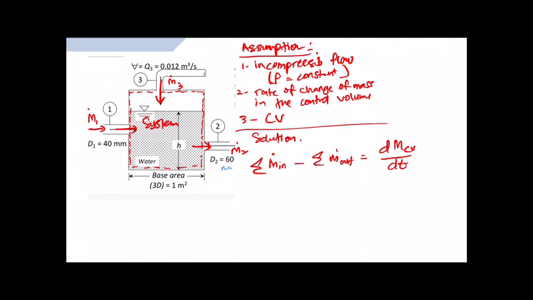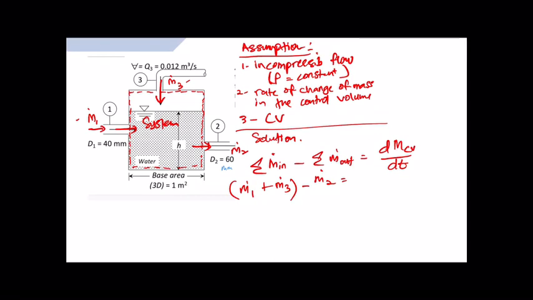Okay. So for the total mass coming in, we do have m dot 1 plus m dot 3, yeah, 2 flows coming in, minus m dot 2 equal to rate of change of mass in the control volume. So how can we write this? This is very interesting.